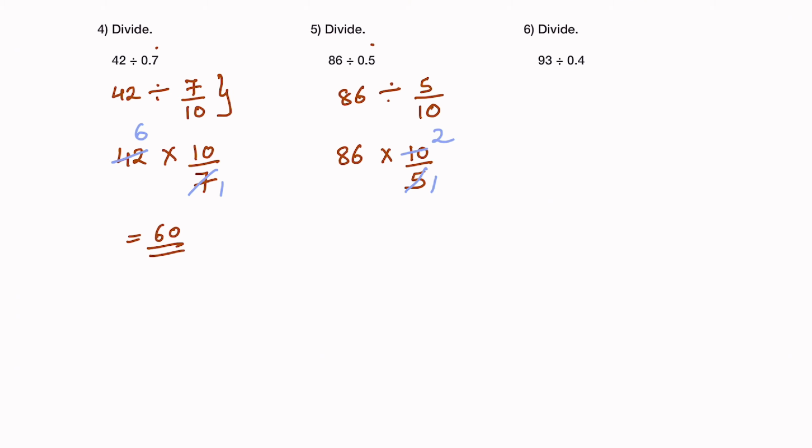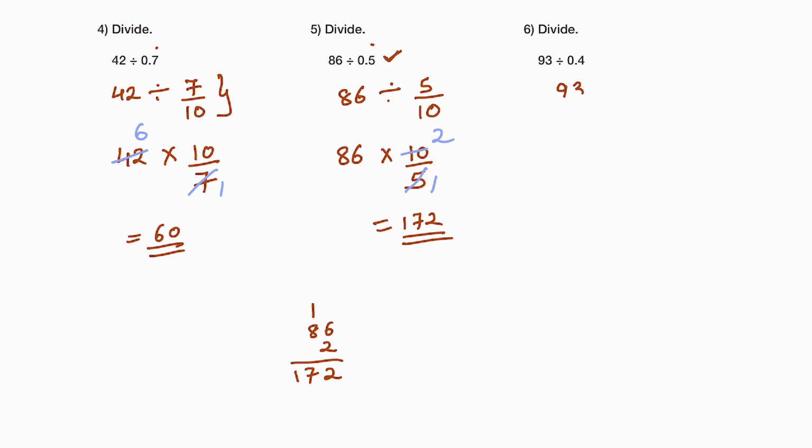So that's 86 times 2. Let's do the calculations here. 86 times 2. 6 times 2 is 12. 1 carry. 2 times 8 is 16. 16 plus 1 is 17. So the answer is 172. Because here you're dividing by half, and dividing by half is as good as multiplying by 2.